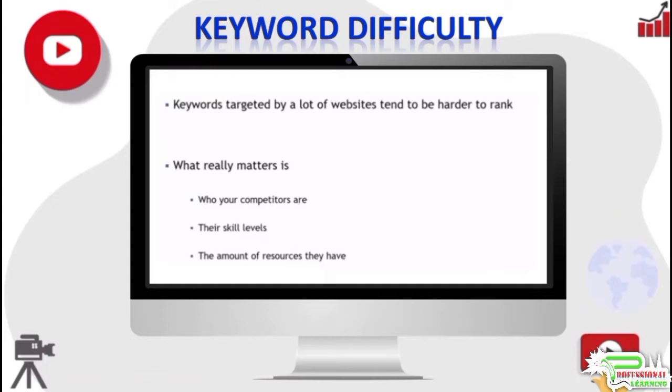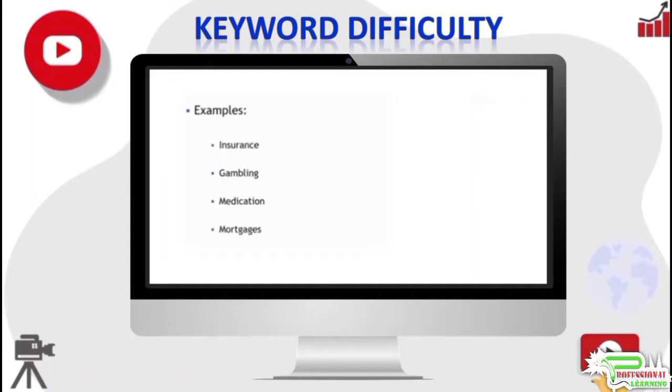Some markets are dominated by multi-million dollar or multi-billion dollar companies. If you are a small company or an individual, you would not want to take on these markets. These are markets like insurance, gambling, medication, mortgages, and the like.